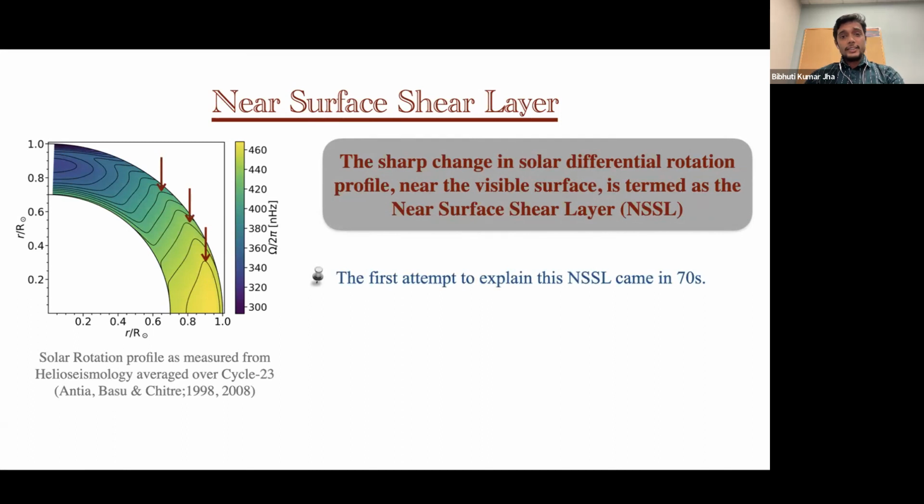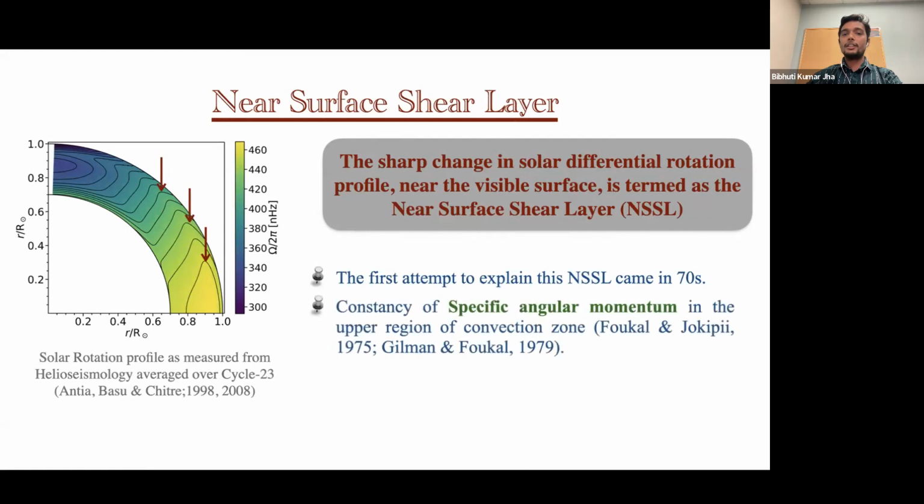Now, the first attempt to explain this NSSL came in the 70s, even before helioseismology had measured the rotation rate inside the sun. This idea was based on the constancy of specific angular momentum by Foukal and Gilman. What they mentioned is that as we reach the surface, the convection is such that it tries to mix everything and you get the constant specific angular momentum.